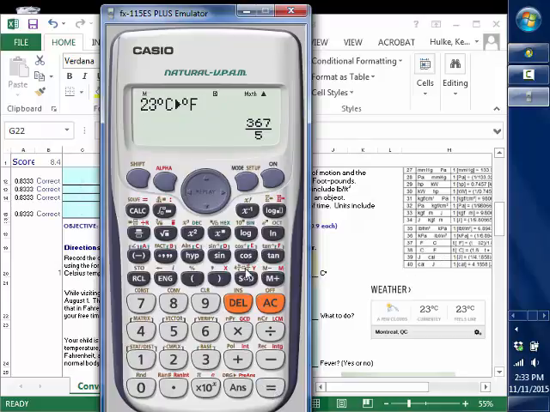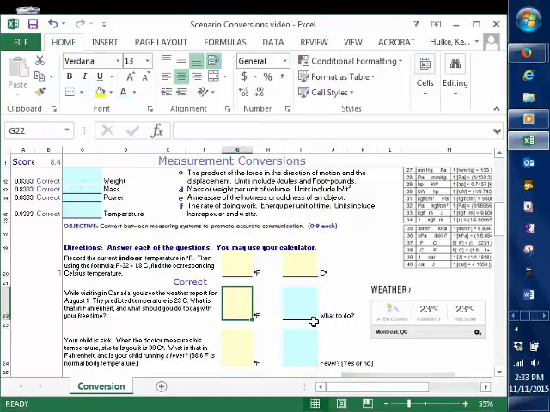And when we do, we have to S to D that, and we find out what temperature that is in Fahrenheit. And then we have to choose the correct thing.